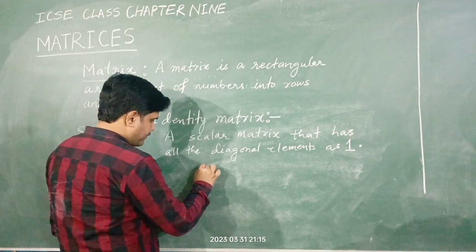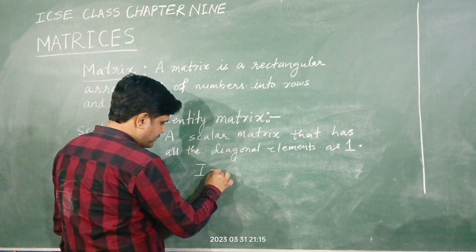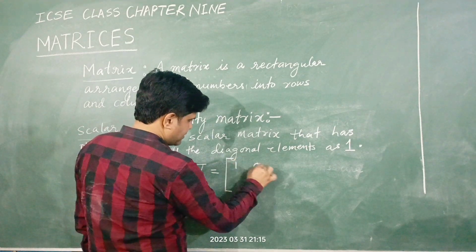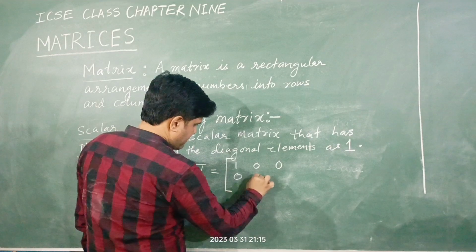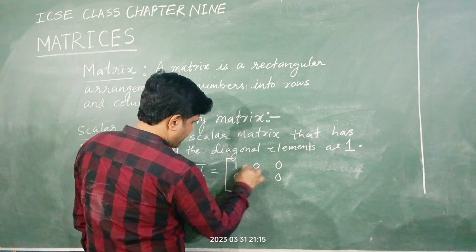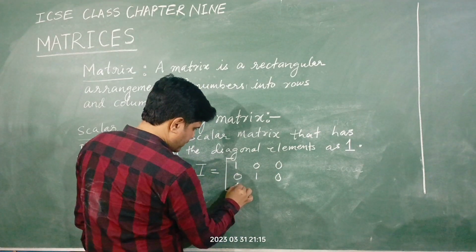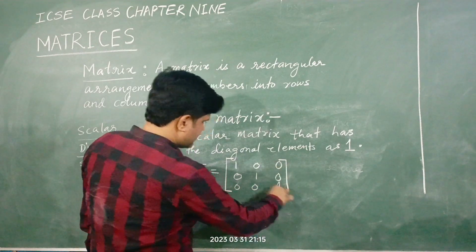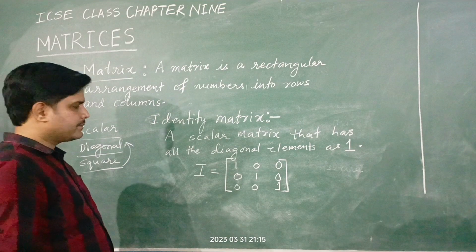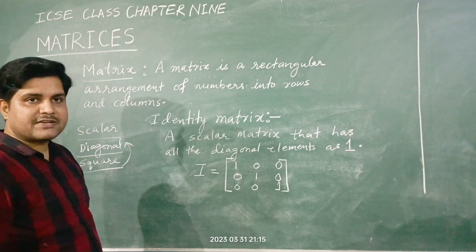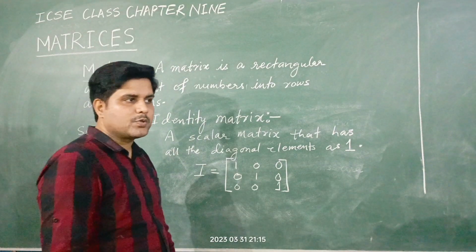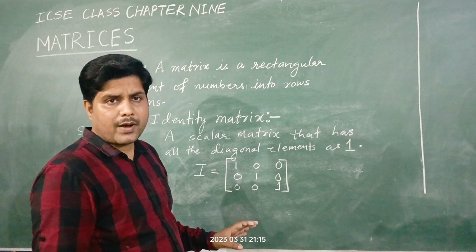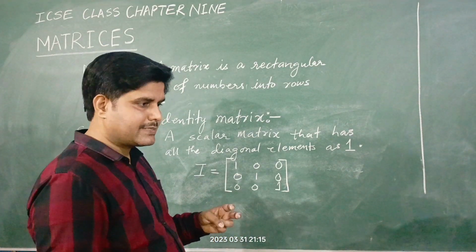I can give you an example, and for identity I am using the letter I just to make the distinction. You can clearly see 1 0 0, 0 1 0 and 0 0 1. This is the identity matrix. These are the types of matrices that you must know in order to understand the concepts required to solve all the questions in ICSE class 10.